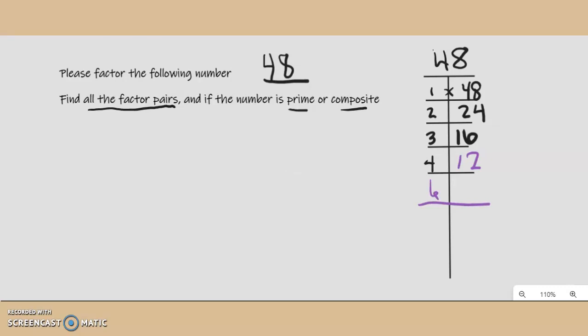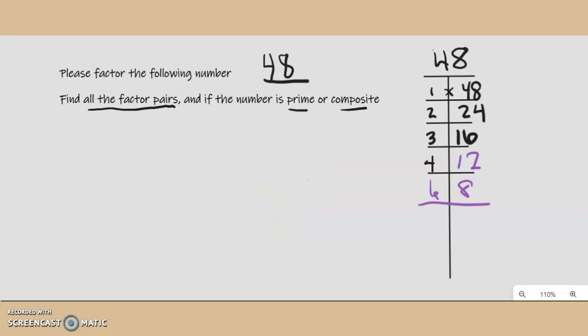6, so I know that 6 times something, we'll see if it equals 48. 6 times 6, nope, I'm going to go 7, because I know that 6 times 7 is 42. That's really close. 6 times 8 equals 48, so I know that 6 works. 6 times 8. Okay.